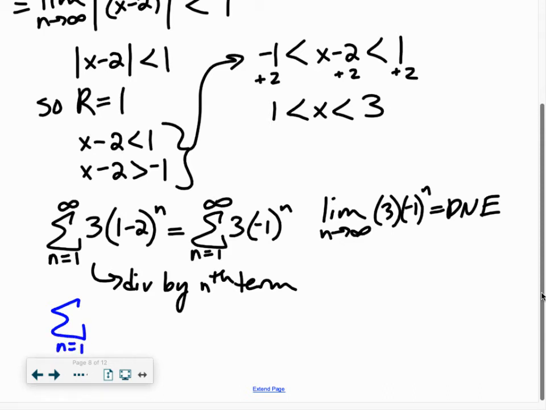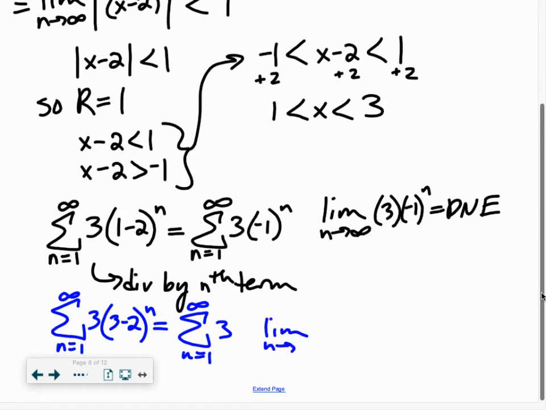If I replace my x with a 3, I get the sum of 3 times 3 minus 2 to the n, which equals 3, because 3 minus 2 is 1, and 1 to the n is just 1. So I get the sum of 3. The limit as n approaches infinity of 3 is 3, which is certainly not 0.